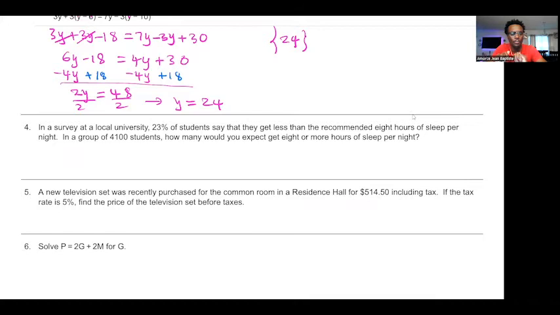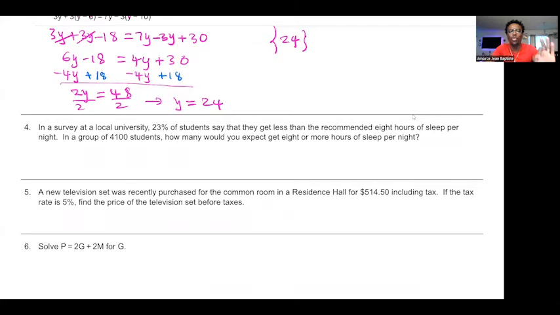In a survey at a local university, 23% of students say that they get less than the recommended 8 hours of sleep. The rest maybe don't.